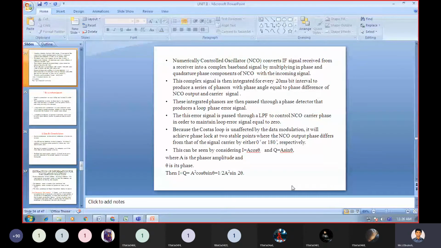That is what we discussed in the block diagram: the in phase and quadrature phase components of the numerically controlled oscillator with the incoming signals.